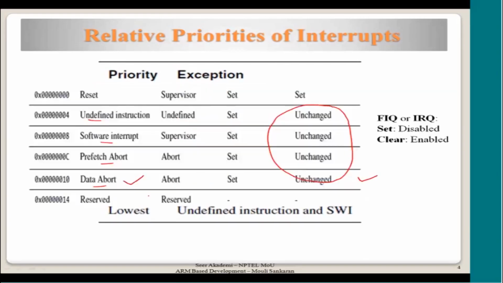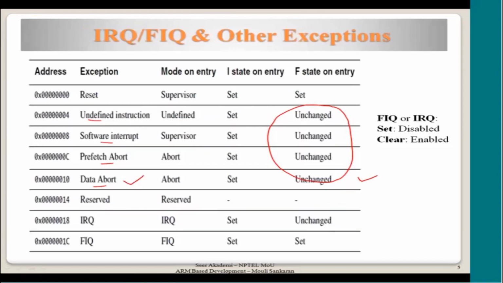This is the priority sequence, whereas this is just given in an order based on the vector table addresses. They are not in the order of priority. So though data abort is higher priority, during executing the data abort handler, FIQ is unchanged. If it was earlier enabled, it still remains enabled. That means during the data abort execution, FIQ can be serviced. That is what it means.